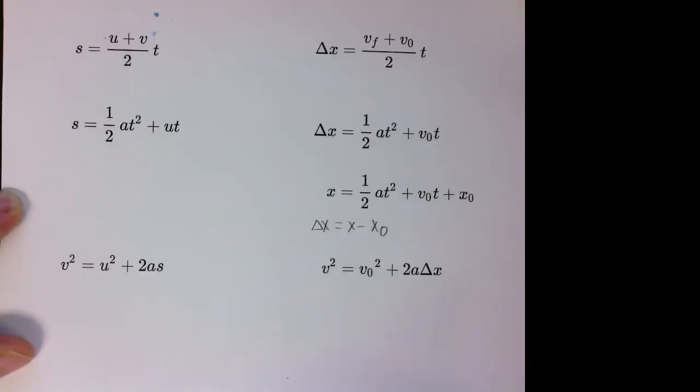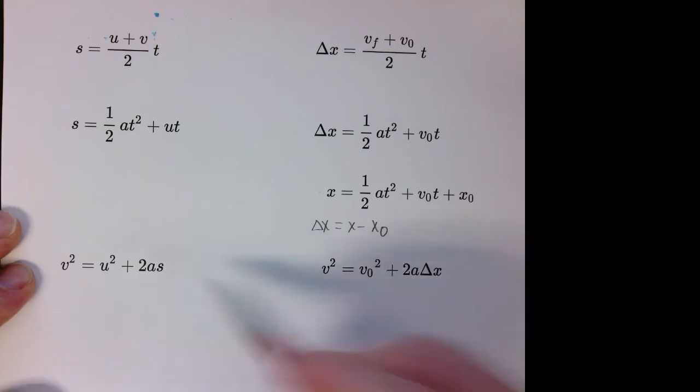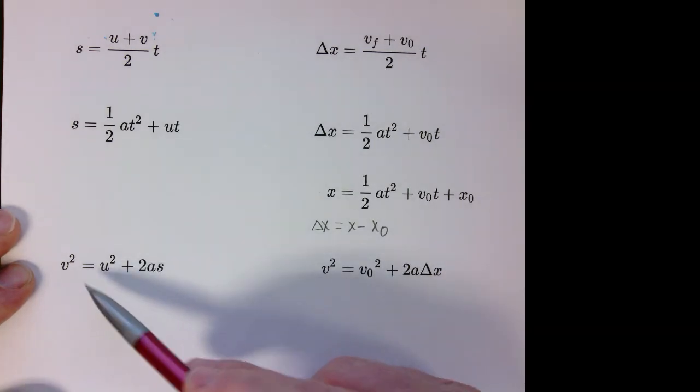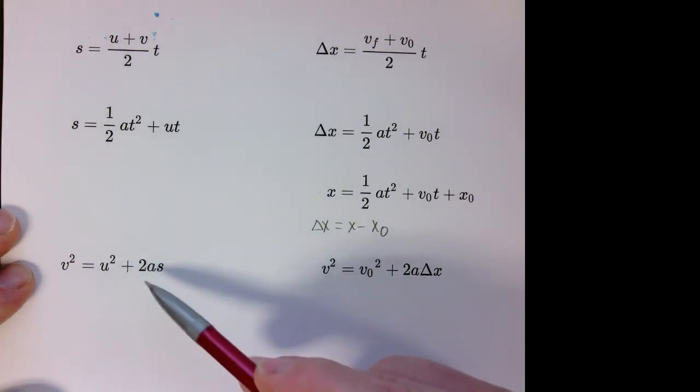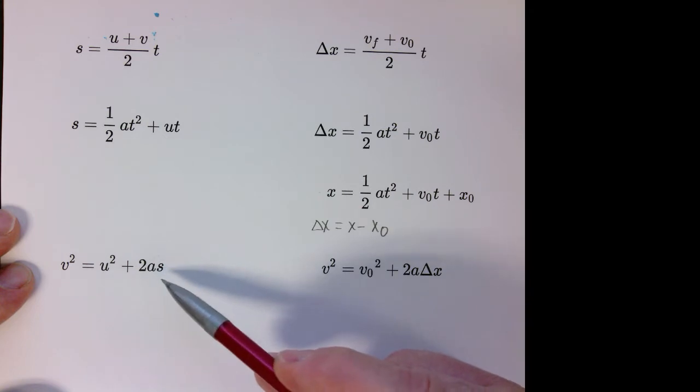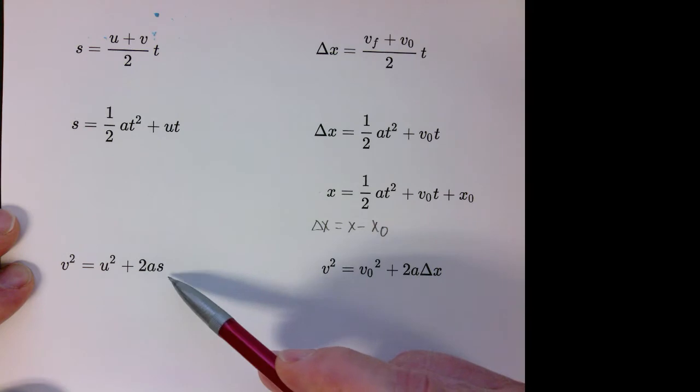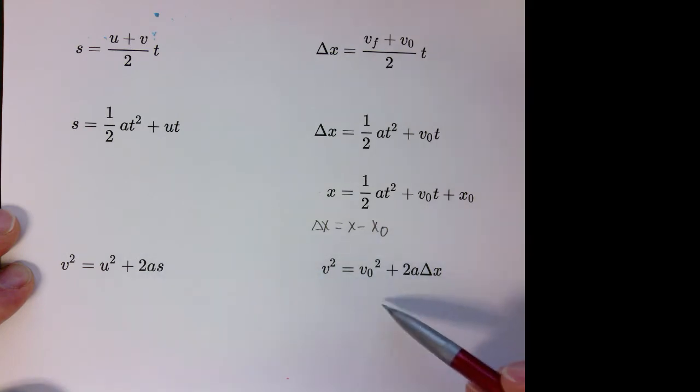The last equation is what I call the combined formula, where the final velocity squared equals the initial velocity squared plus 2 times the acceleration times the displacement. This is not at all obvious, and this will be the last of the SUVAT equations that we study. This is the more advanced version.